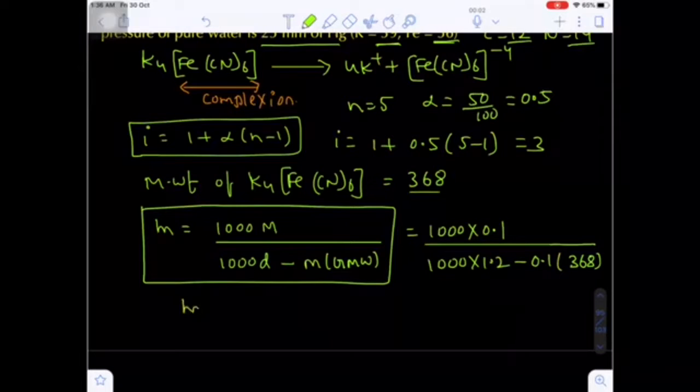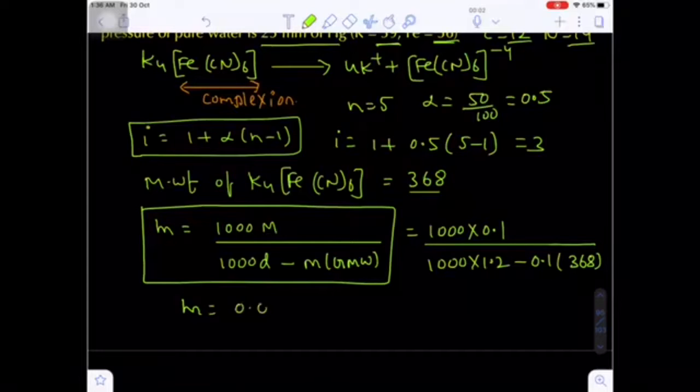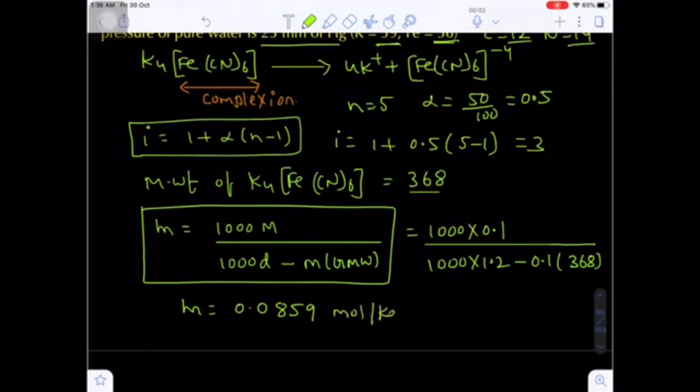After simplification, finally you will get the molality value, which is 0.0859. This is moles per kg.